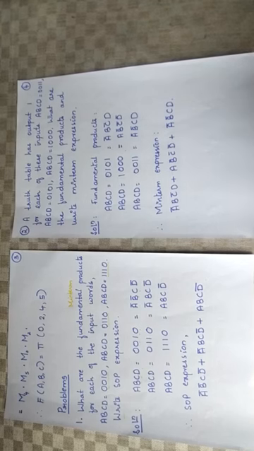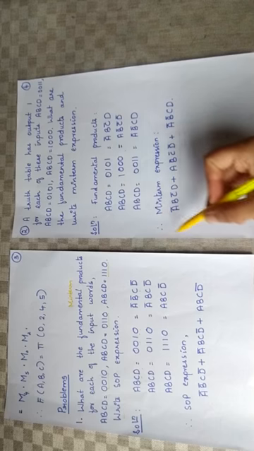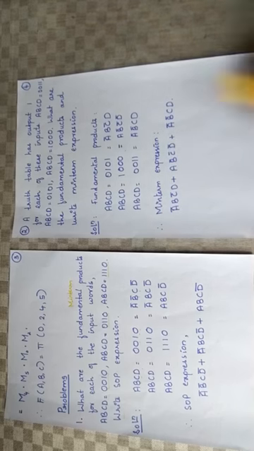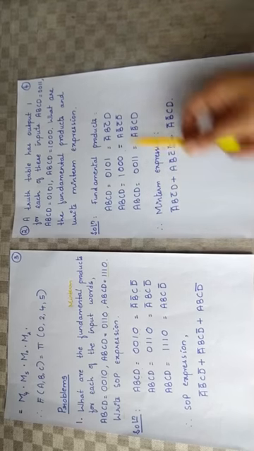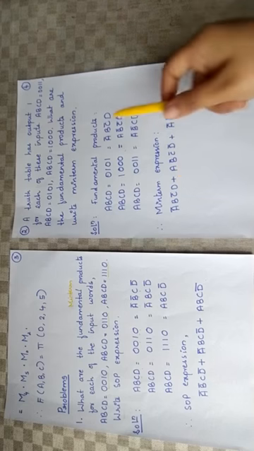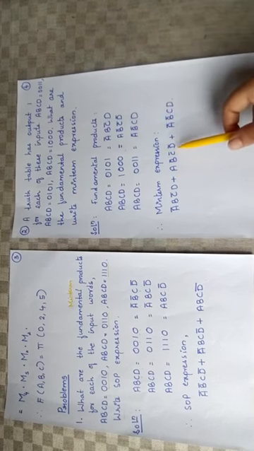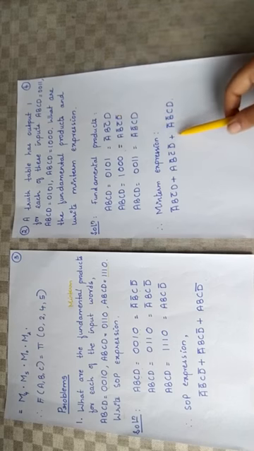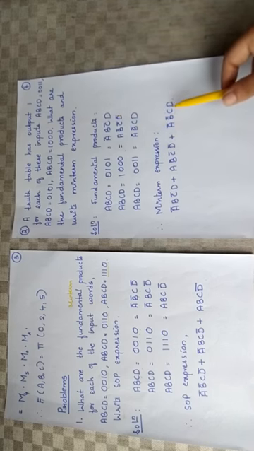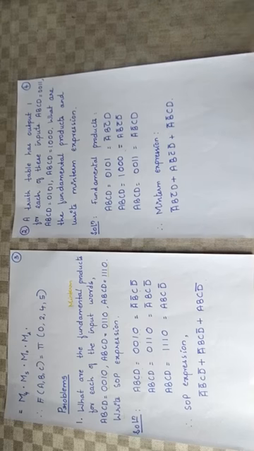With the help of these 3 minterms, we will be writing the final minterm expression as A complement B, C complement D, the first one, plus A B complement C complement D complement, which is the second one, plus A complement B complement C D, which is the third term. So given the question to find the fundamental products and to write the sum of products expression, this is how we are going to solve it.